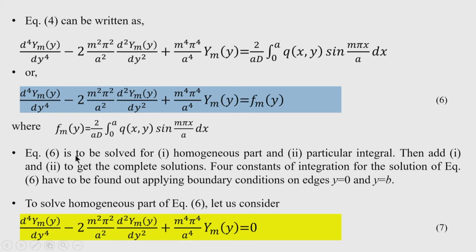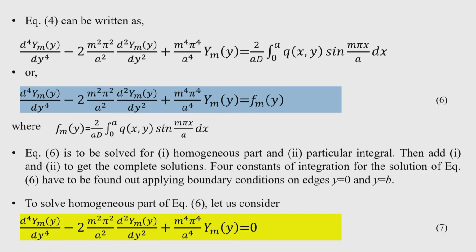Okay. Equation 6, you can see, is an ordinary fourth order linear differential equation with constant coefficients, but this equation is non-homogeneous because of the presence of the forcing function, which appears as a function of y. Because of this non-homogeneous equation, as per the theory of linear differential equations, we have to find the solution in two parts.